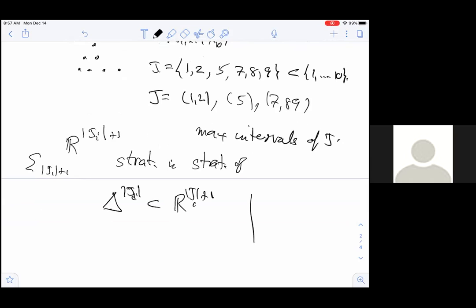You know, the standard way we embed the simplex as the convex hull of the unit vectors. The symmetric group, Sigma of the length of this interval plus 1, then acts on this Euclidean space permuting the coordinates. It clearly stabilizes the simplex, so you get an action on the simplex.